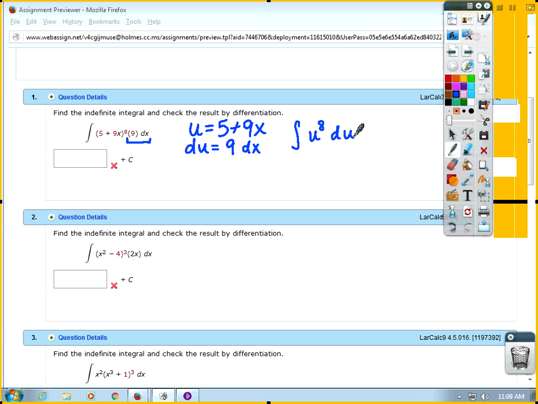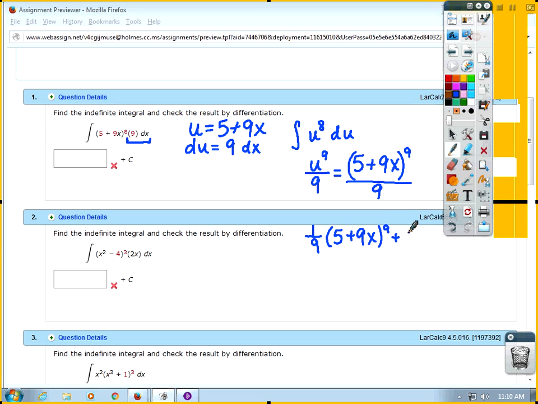So that's just using your power rule. That's a simple integration. We add 1 and divide by the new exponent. So that's u to the 9th over 9. And go back and substitute your u, which was 5 plus 9x. So (5 plus 9x) to the 9th divided by 9, or you can write it as 1/9 times (5 plus 9x) to the 9th.